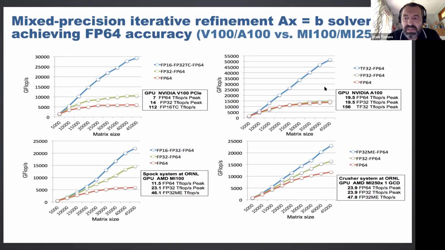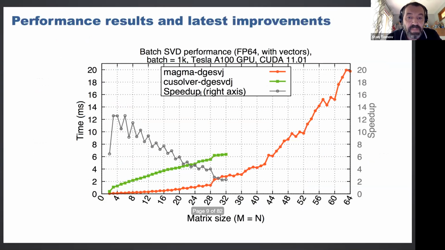And these take into account the different hardware characteristics. Another improvement recently added is batched SVD performance. We typically compare with state-of-the-art libraries. In this case, it is cuSOLVER.